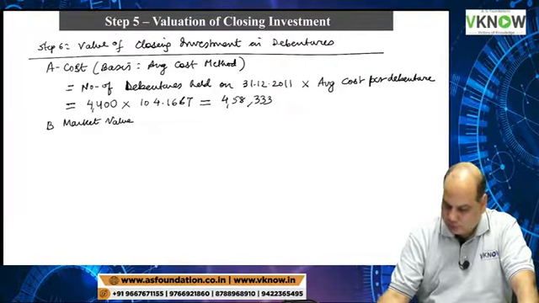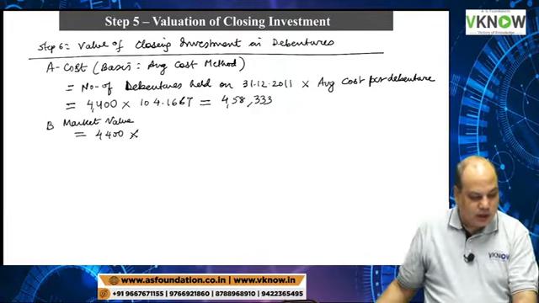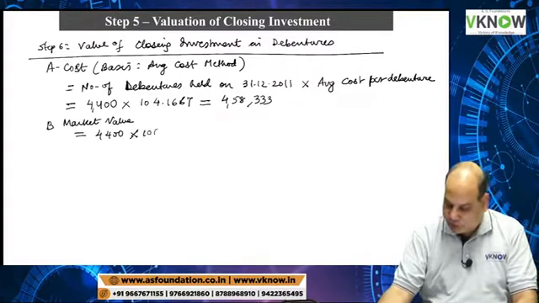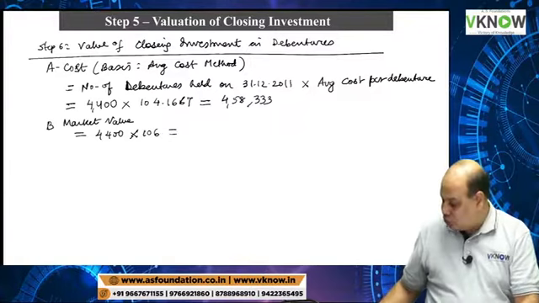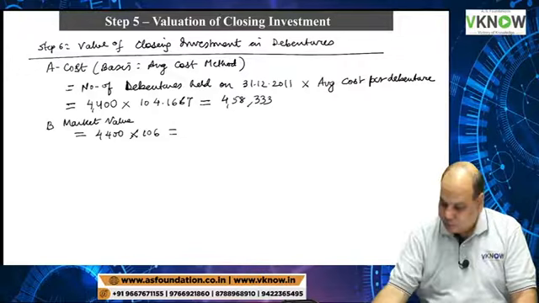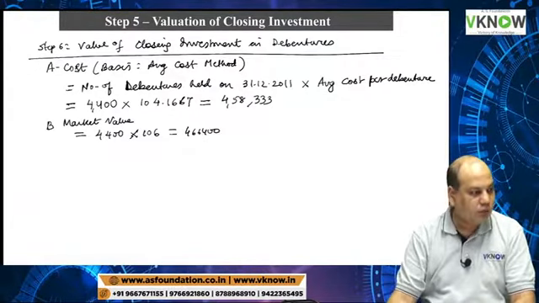And point B, write down market value. Market value will be 4,400 into what is the market value of debenture in the last three lines? 106. So you will take 4,400 into 106, which is 466,400. Everybody is right.